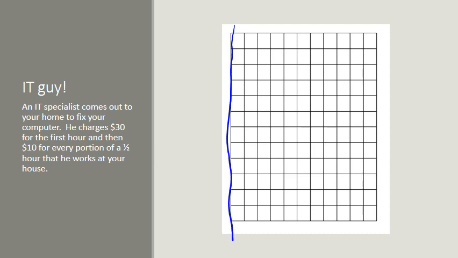You guys know I can't draw straight lines. And let's say that this is the hour and this is the cost.